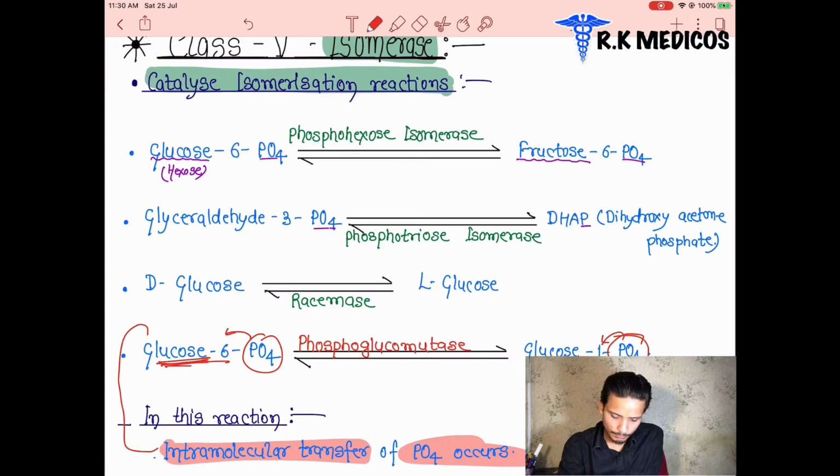That is done by the mutase enzyme, phosphoglucomutase, which transfers the phosphate within the same molecule.